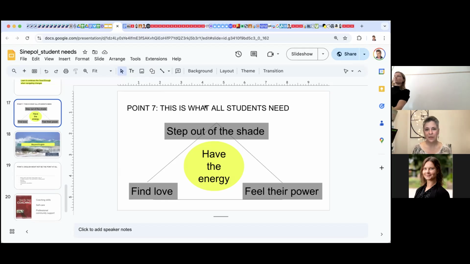If you know the basics of the methodology, like the things that should be there, they should be exposed to the language, they should be noticing the language, filtering this language according to their goals, whether they could use some of it or not.